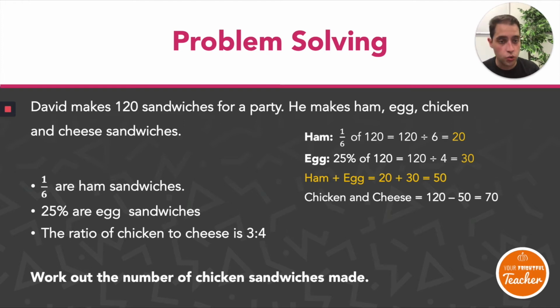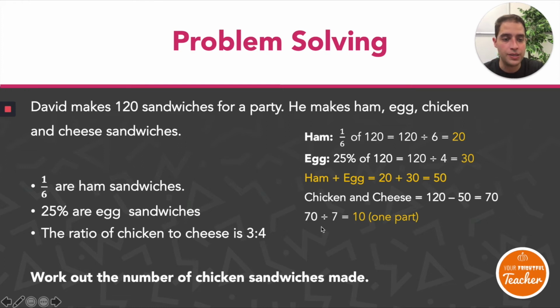So we take the total amount and minus 50 because we've added these two numbers together. 120 minus 50 gives us 70 left. And now we're going to work out the ratio of chicken to cheese, 3:4. So let's work out how many is one part.